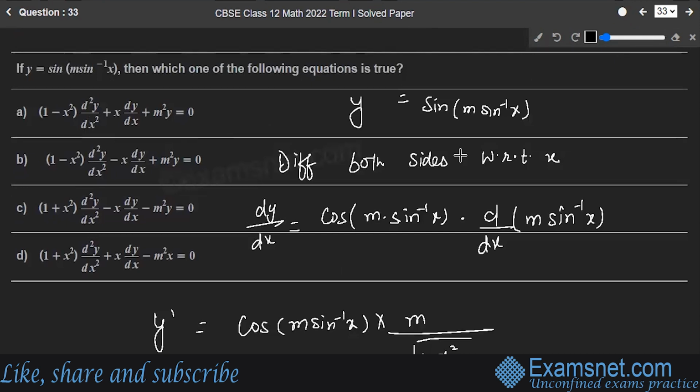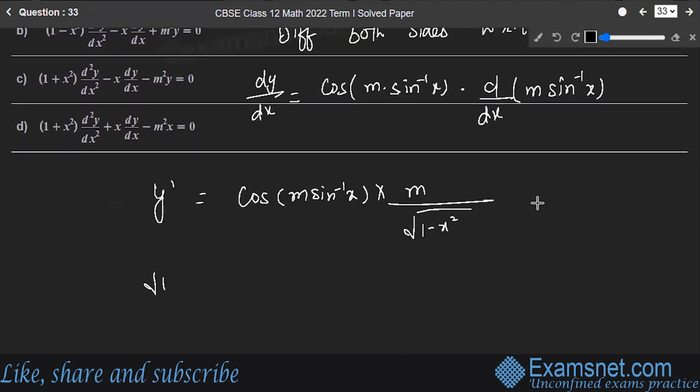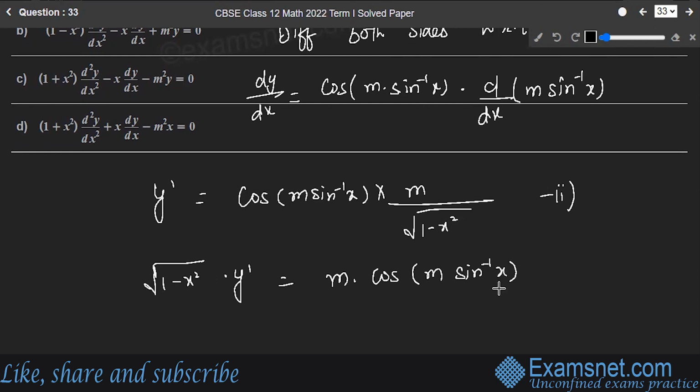Let's say this is equation 1. And let's say this is the second equation. And 1 minus x square into y dash is equal to m into cos m sine inverse x.